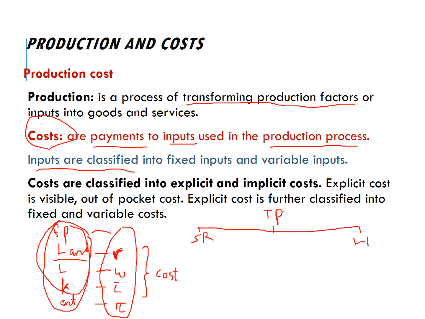So in the short run, you use all these 3: land, and then labor, and then capital. You use all the resources, including entrepreneur. And then in the long run, you also use all the resources you have.